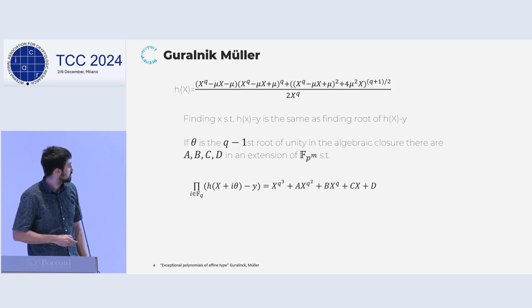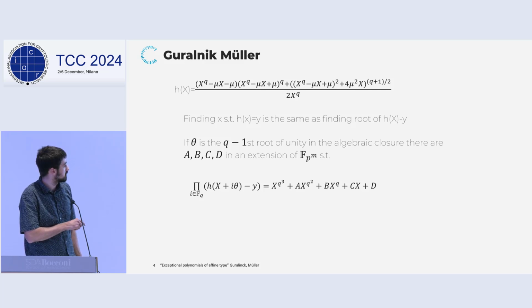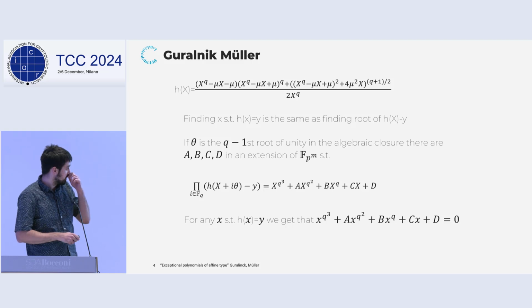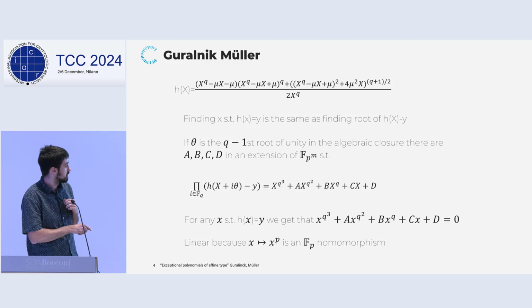Now, if we want a solution such that h of x is y, then we get that for i being 0, this thing here is 0, and therefore the entire product here is 0, and therefore the entire right side is 0. And this is exactly what we want. So now we have that for any solution that we want, this right side is 0.